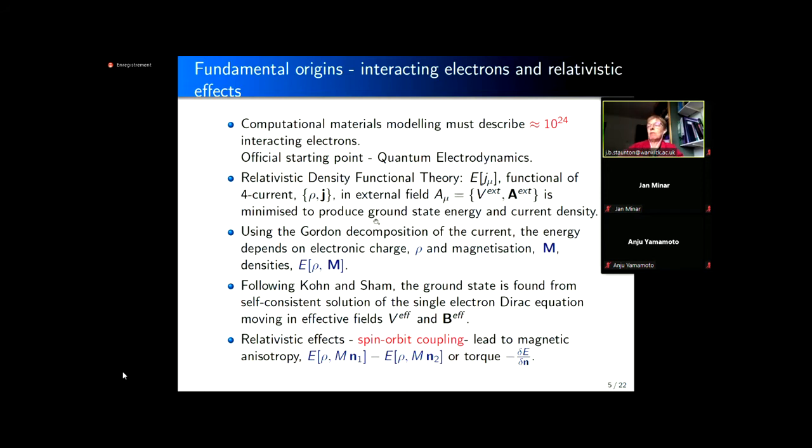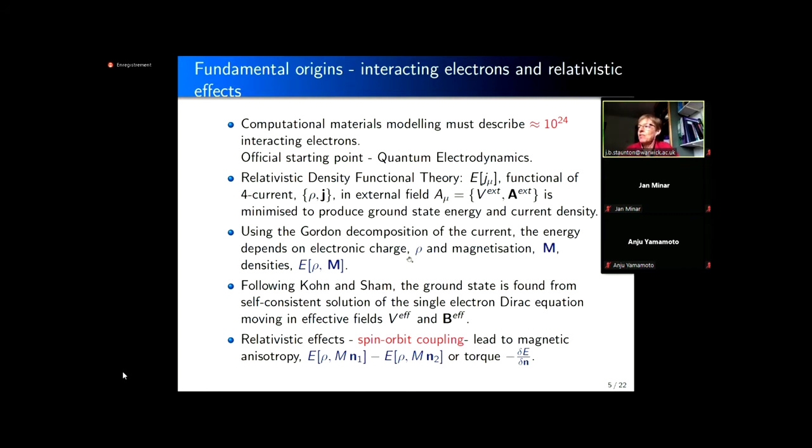Typically, and certainly pretty much all the work I've done, one makes a further approximation on this, and one uses the so-called Gordon decomposition of the current, and so one neglects the diamagnetic contribution to the current and focuses on the piece of the current that's coming from the spin polarized nature of the electron density.